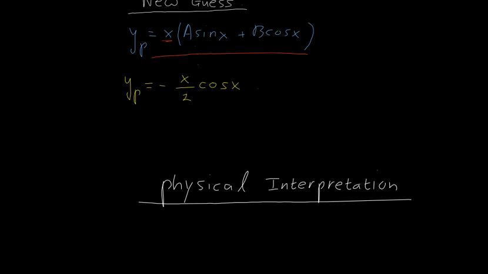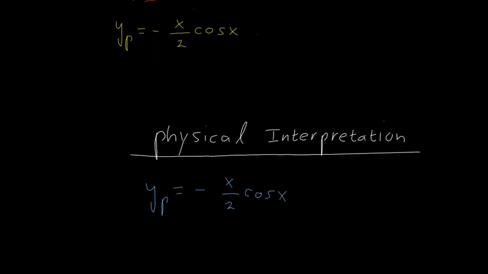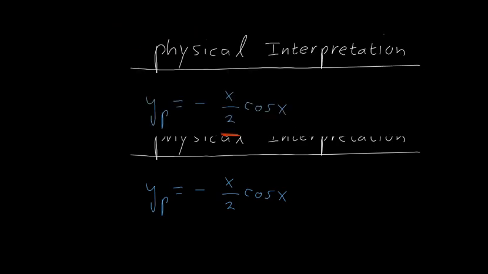And this is why we come to this y particular simplified as negative x over 2 times cosine x. Notice the factor of x. Amplitude grows linearly. This isn't a coincidence. It's just resonance in a particular motion. That's all it is.